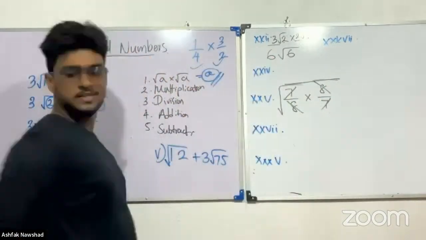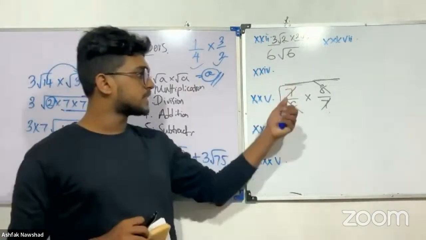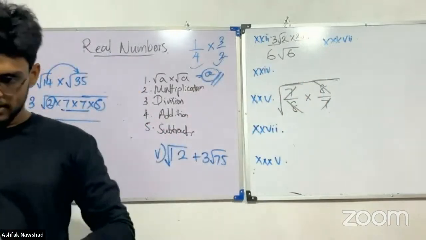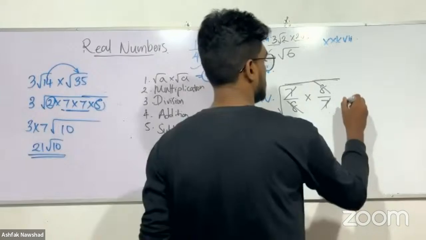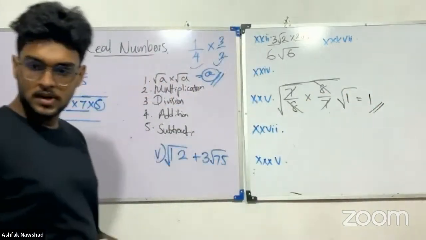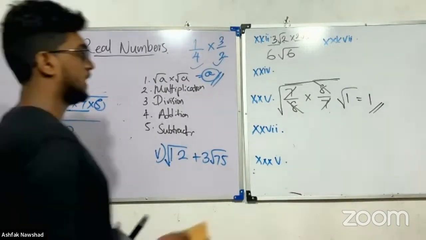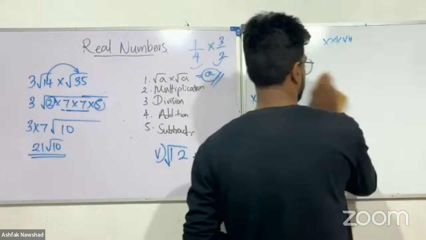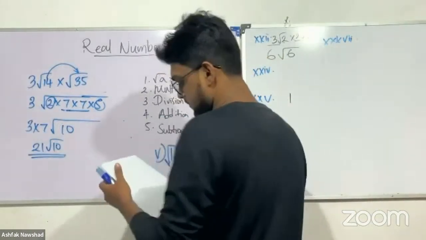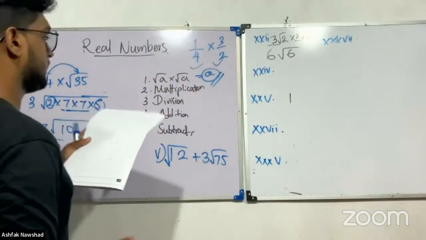So what remains inside this root? If everything gets cancelled, 7 divided by 7 is 1, 8 divided by 8 is 1. So inside 1 remains. The square root of 1 is 1. So the final answer is 1. Okay. And then I have asked you to do 27.